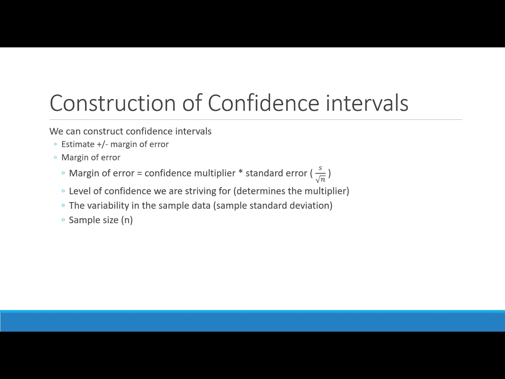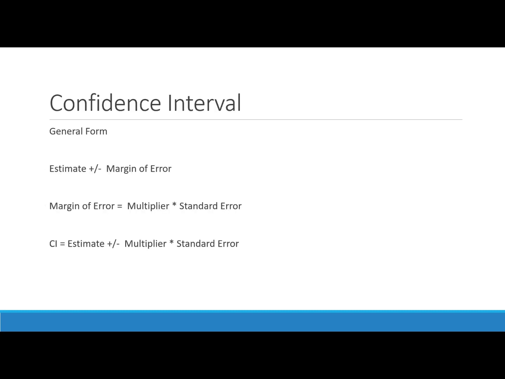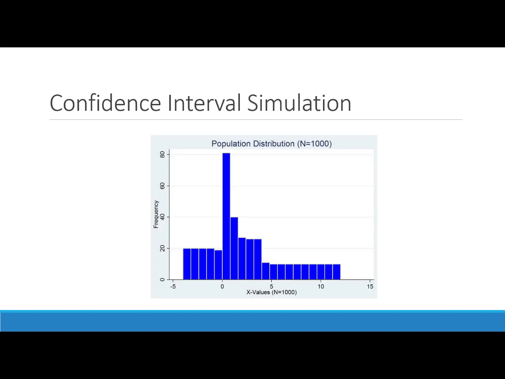The variability in the sample data is reflected in the sample standard deviation, and the sample size is n. So again, in general form, we have the estimate plus or minus the margin of error. The margin of error equals the multiplier times the standard error, and the confidence interval equals the estimate plus or minus the multiplier times the standard error.